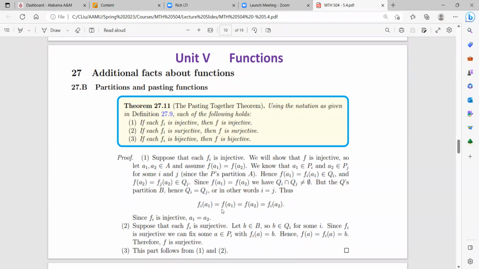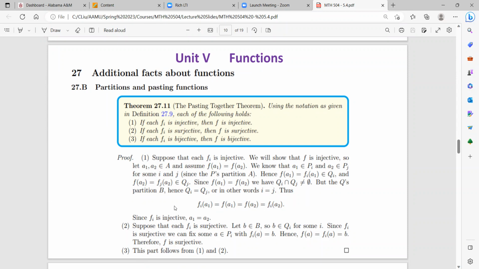So then f_i is just f_j. So f_i(a1), which is f(a1), and f_j(a2), which is f(a2), is actually f_i(a2). So a1 and a2 are evaluated in the same component function f_i.